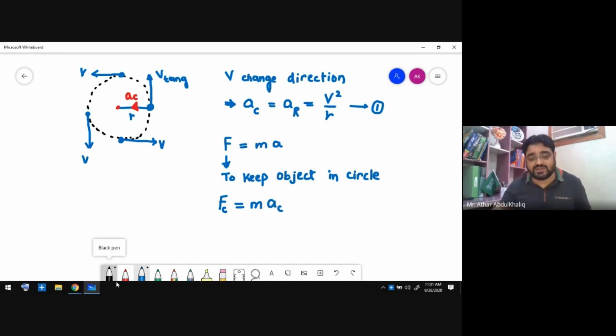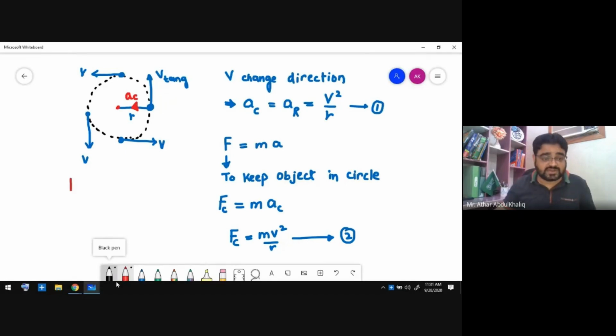Mathematically, if you substitute the value of a_c from equation number 1, it will be m v squared over r. This was your second expression that we derived last week. Now, the question arises, what will be the direction of the force?